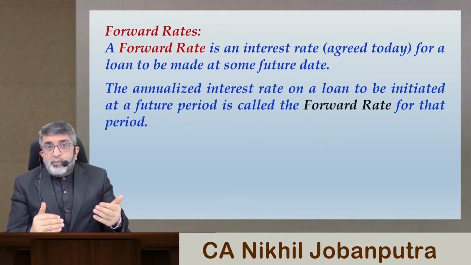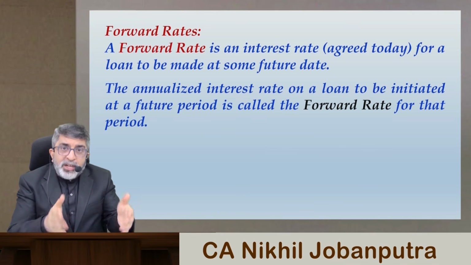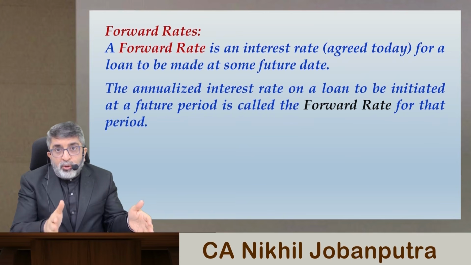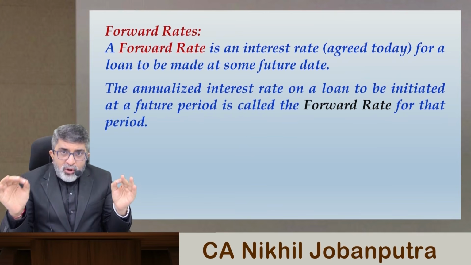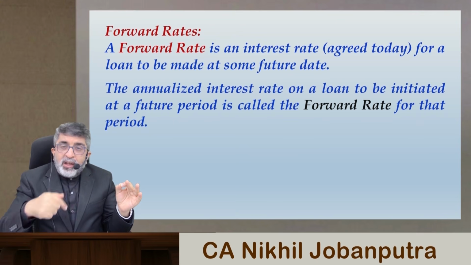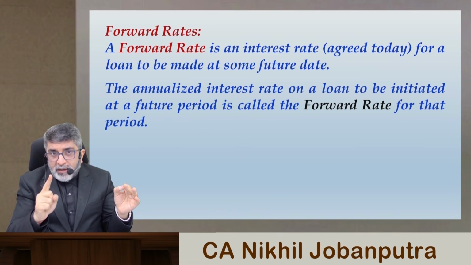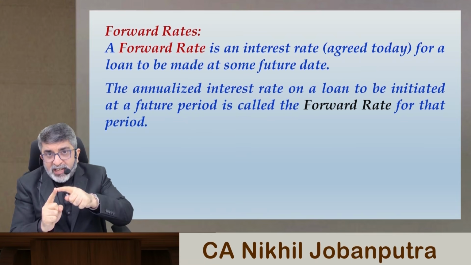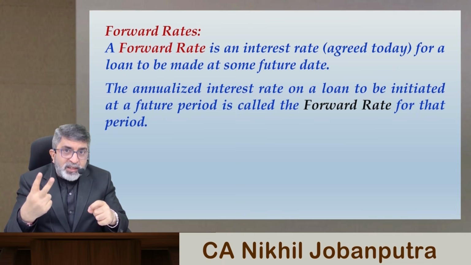For example, I want to borrow after 1 year for a period of 2 years. So on the total timeline, I start at 0 year, that is now, and the first point in that timeline will be year 1, meaning the loan is going to initiate in year 1, and the loan is going to be for a period of 2 years.